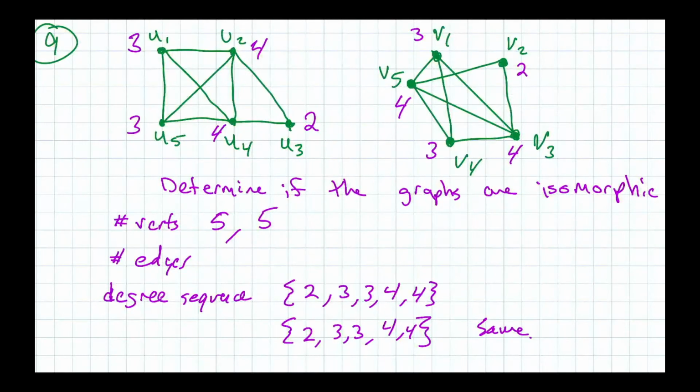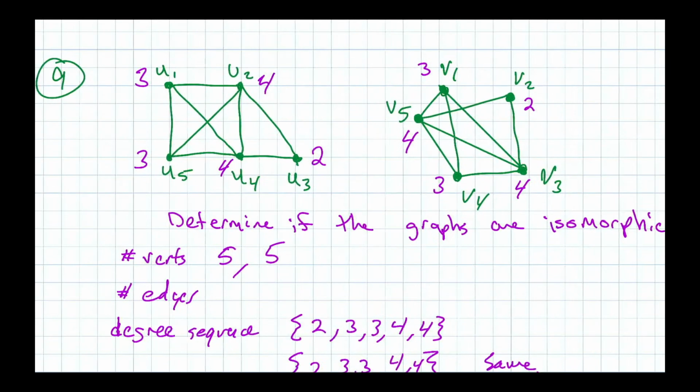So after we do that, you want to ask yourself questions. Like if you take a look at the degree of a vertex, for example, degree 4. If you look at this degree 4 vertex, V2, you can see that it is adjacent to a degree 3 vertex, a degree 3 vertex, a degree 4 vertex, and a degree 2 vertex.